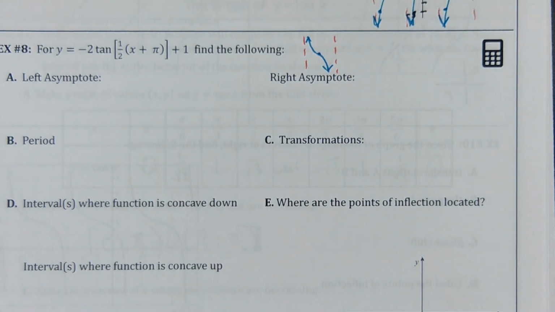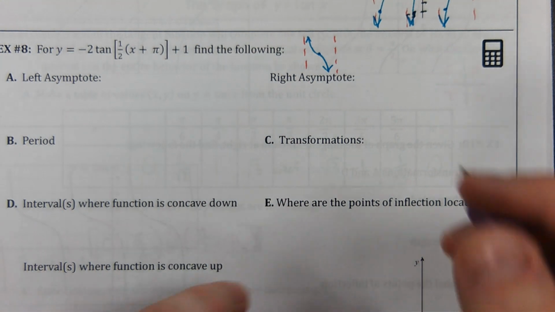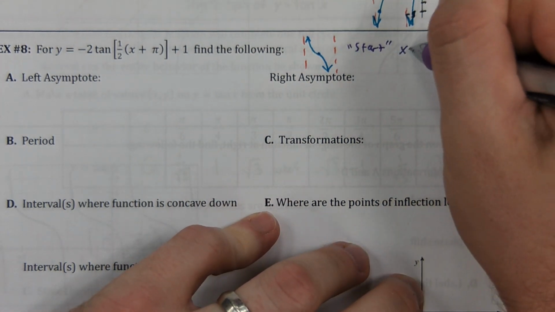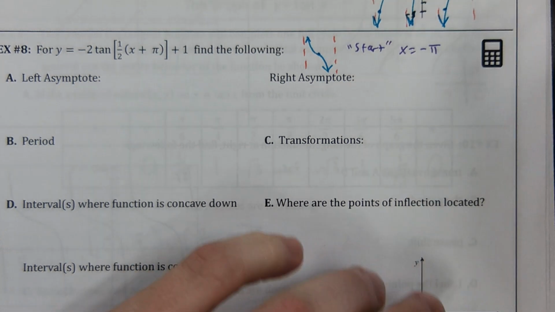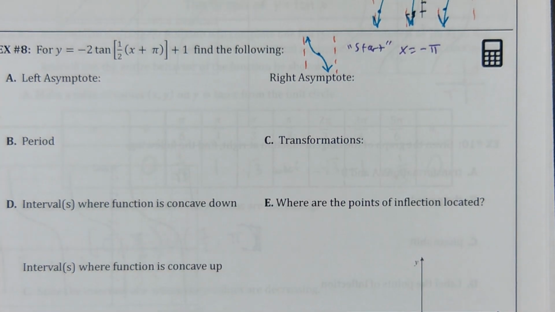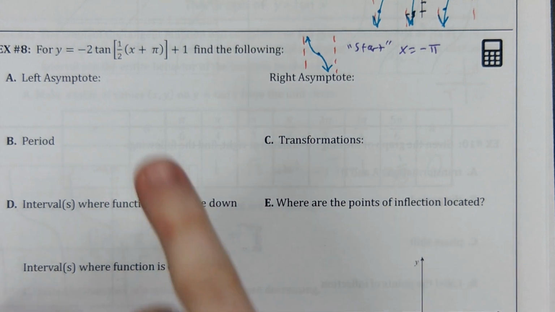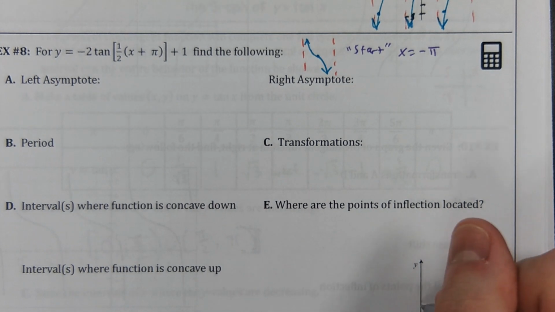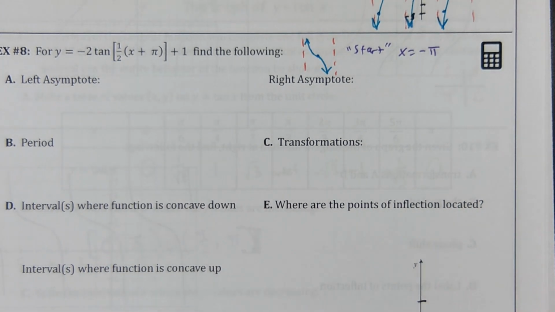Now, we could talk about where we start, quote-unquote, at what makes the inside equal 0, negative pi. That's where we're going to have our first inflection point, at x equals negative pi, but we might as well know the y value where that occurs. Right there, positive 1. Inflection points are going to occur on the line y equals positive 1.